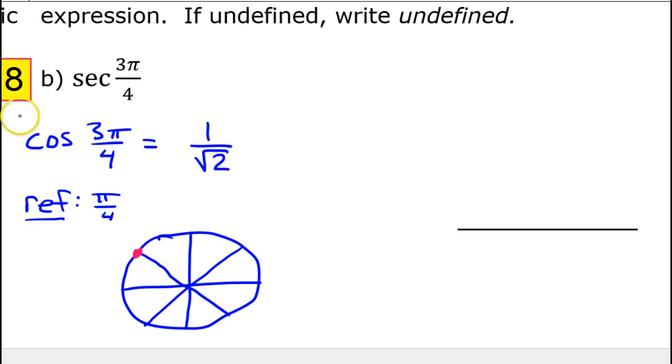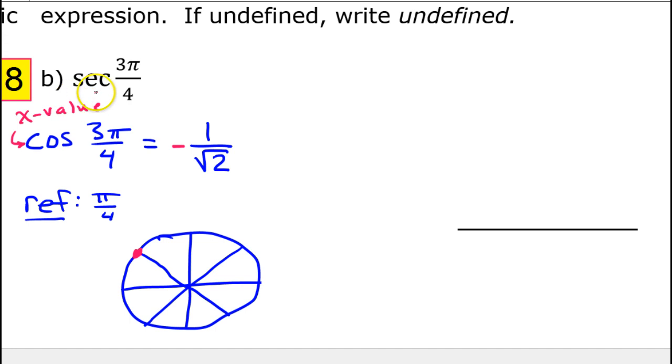Just remember that cosine is an x value on the unit circle. So of course this is going to be negative because x values are negative to the left of the y-axis. Alright, so cosine of 3 pi over 4 is going to be negative 1 over radical 2.